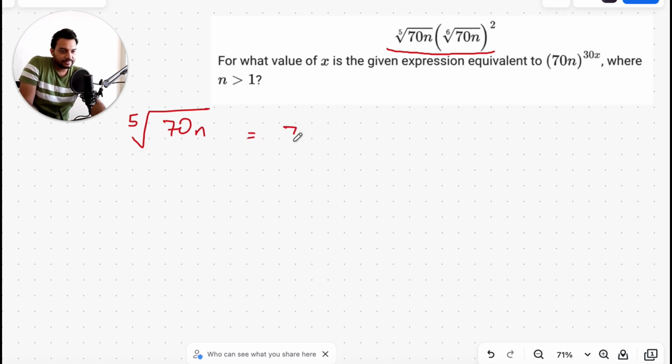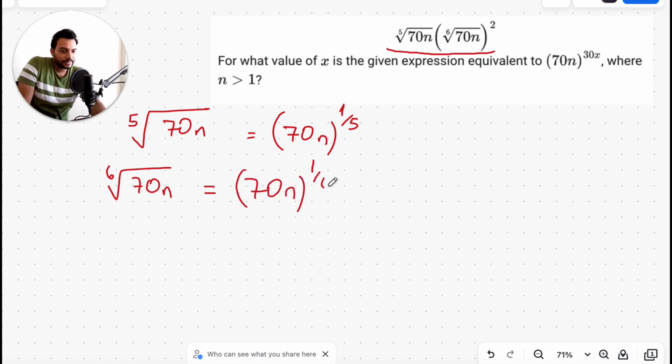I'll write this as 70n raised to the power 1/5 because I prefer simplicity. And then the next one is the sixth root of 70n, which can be written as 70n raised to the power 1/6, but this one is squared.